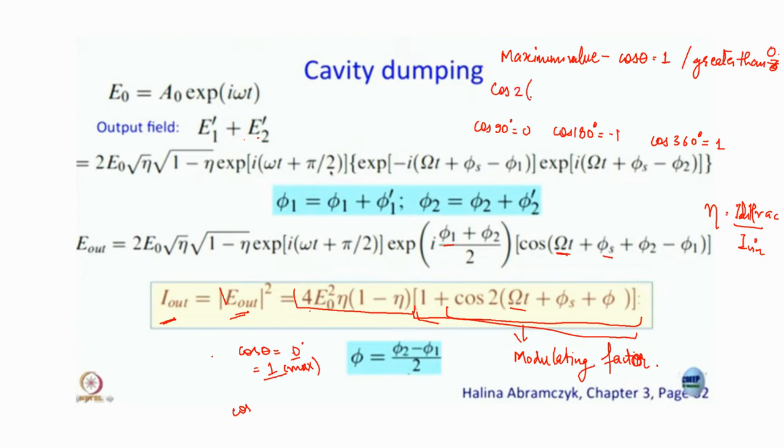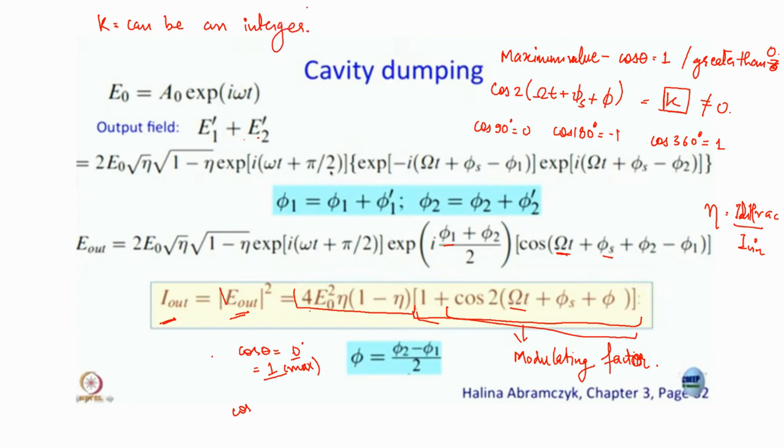What we can say is that the value of 2 omega t plus phi s plus phi should be equal to k, any integer, but that should not be equal to 0. Therefore, k can be an integer.